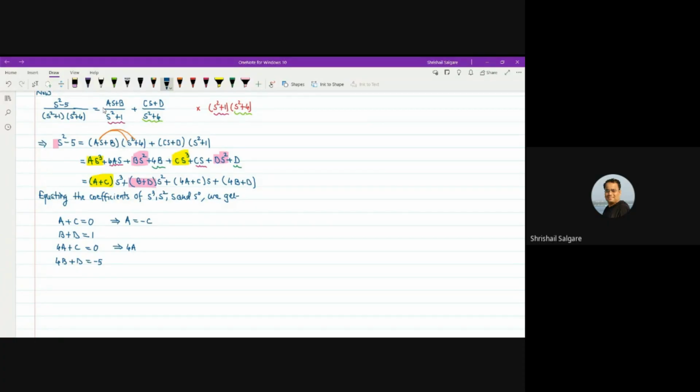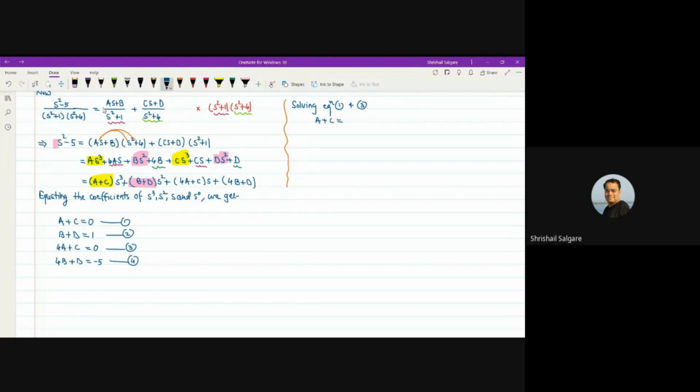Suppose this is equation 1, this is equation 2, this is equation 3, this is equation 4. So equations 1 and 3 are simultaneous equations in A and C. So solving equations 1 and 3, I will subtract straight away.